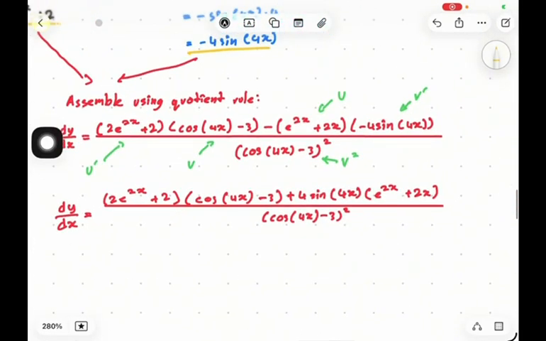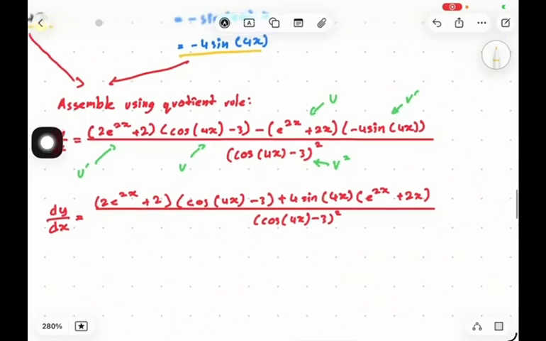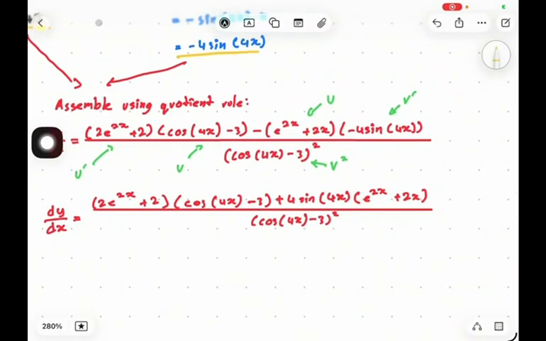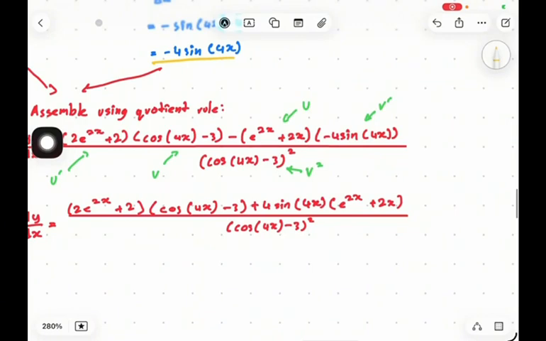We have u prime, which is 2 e to the power of 2x plus 2, times the regular v, which is cos(4x minus 3), minus the regular u, which is e to the power of 2x plus 2, times v prime, which is negative 4 sin 4x, all divided by v squared, which is cos(4x minus 3) squared.